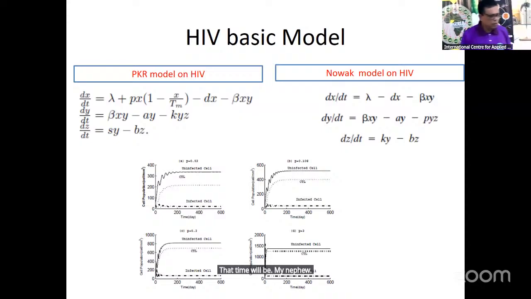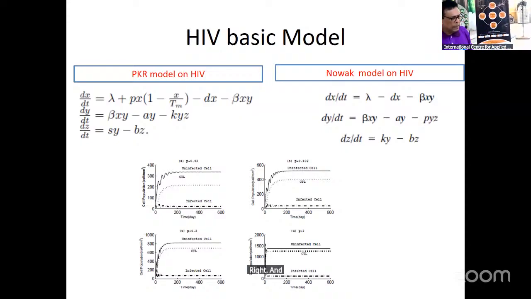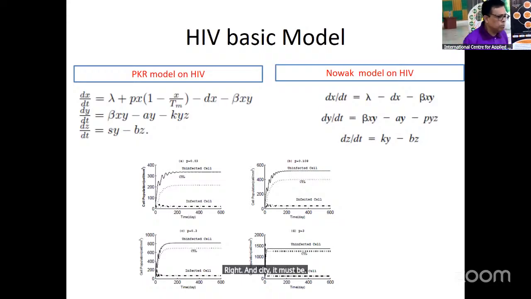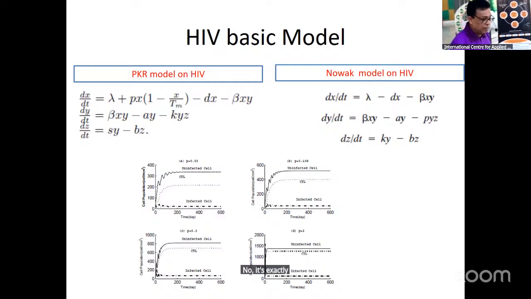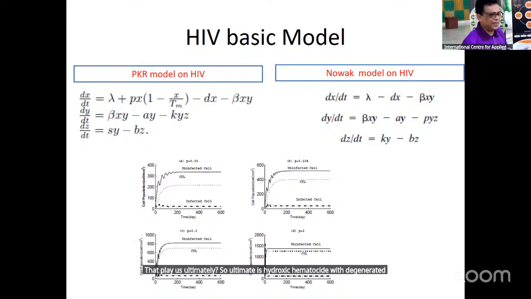And CTL must be generated from whom? Because it is interacting with the infected cell. That infected cell generates virus, which ultimately matches with the infected cell. So ultimately cytotoxic lymphocytes will be generated from the infected cell.